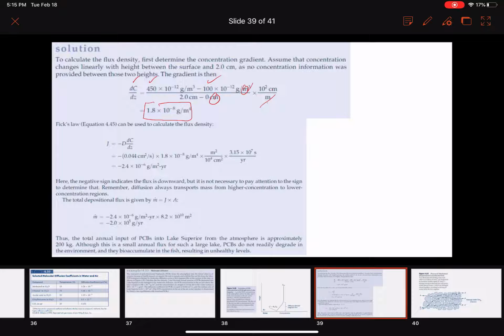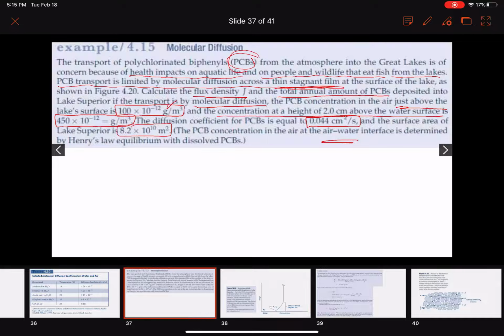Now, the flux density is equal to J = -D dC/dZ. Now, dC/dZ is equal to this. And the diffusivity was given here as 0.044. This is the diffusion coefficient.